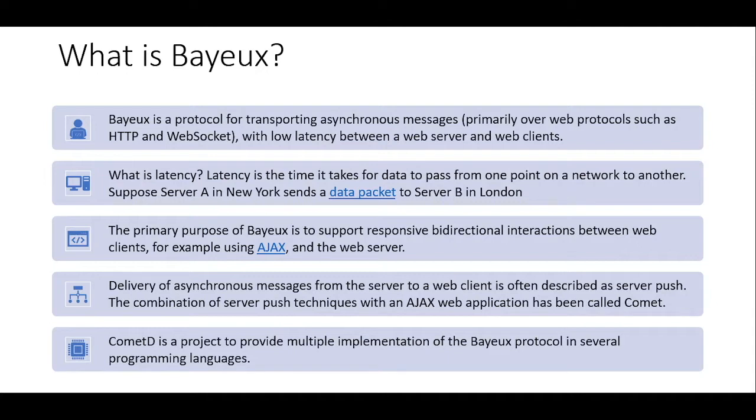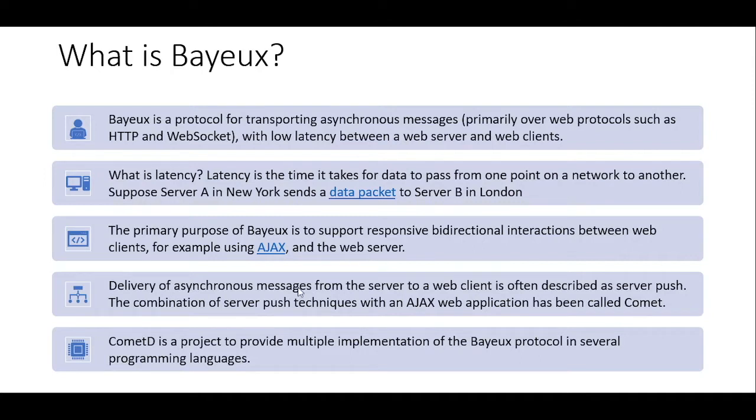For example, if we have a stock website for stock trading, and we want only a small component to be refreshed with the current rate of the stock, then we will not keep refreshing the website to get the current rate of the stocks. We will just send only the information related to the component where we show the stock prices, and that will come back with the latest price, and only that small portion will be refreshed. So that is AJAX, and that is being supported by the Bayeux protocol.